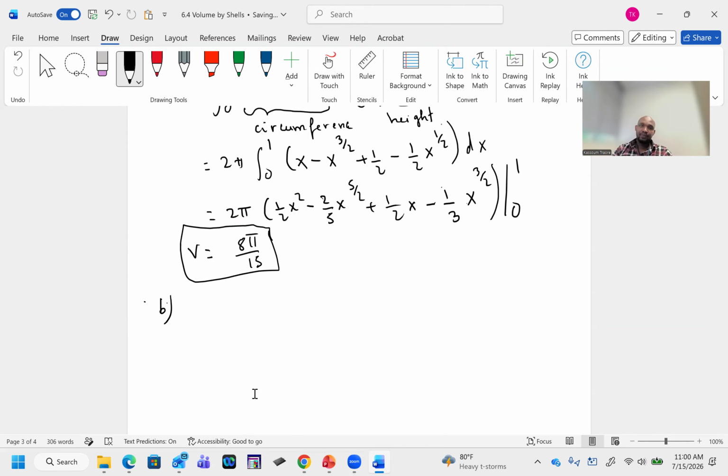Okay, for B, using the disk washer method, we take this slice. So let me first sketch.